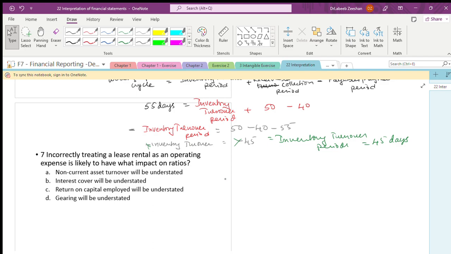Now, incorrectly treating a lease rental as an operating expense is likely to have an impact on what type of ratios?